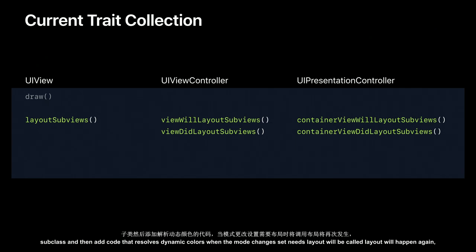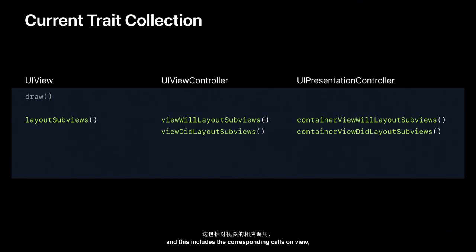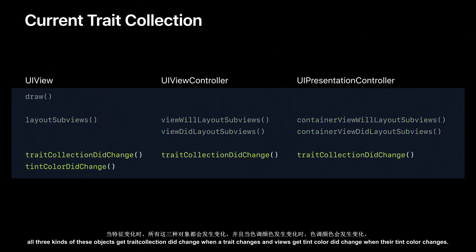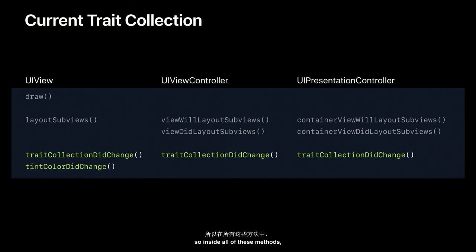When the mode changes, setNeedsLayout will be called, and layout will happen again. And this includes the corresponding calls on view controller and presentation controller. Finally, all three kinds of these objects get traitCollectionDidChange when a trait changes. And views get tintColorDidChange when their tint color changes. So inside all of these methods, it's convenient to be able to use dynamic colors right away.